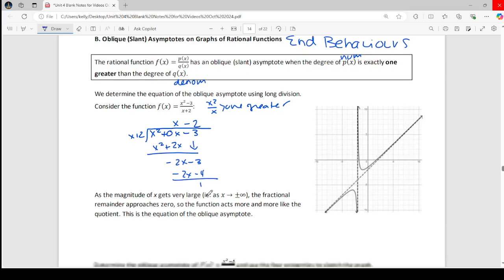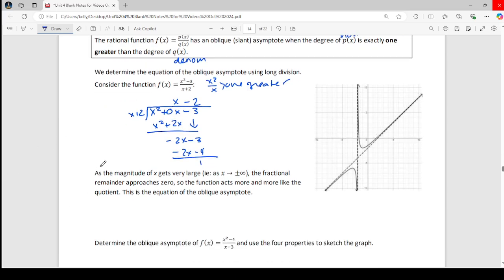So we've got a division statement that we can write here. We have that x squared minus 3 over x plus 2 is equal to x minus 2 plus the remainder, which is a fraction of the divisor.